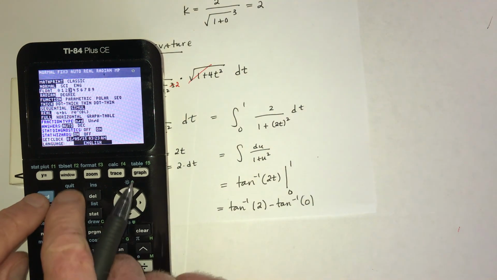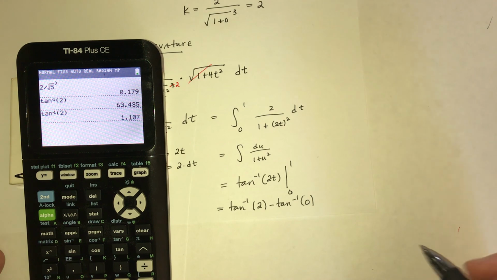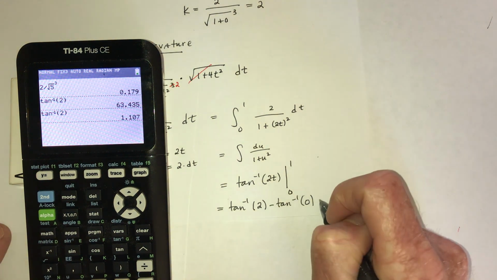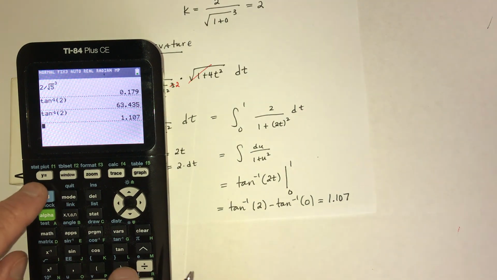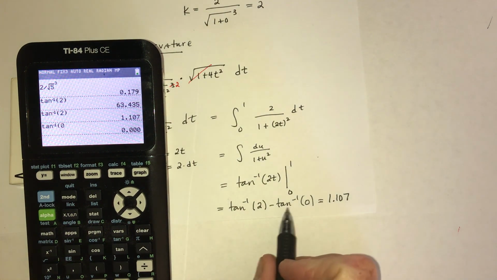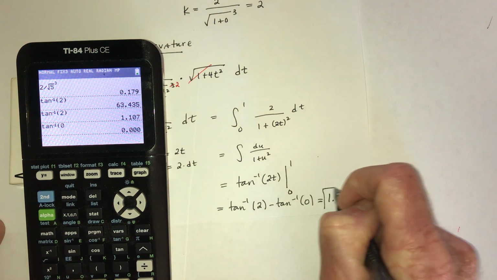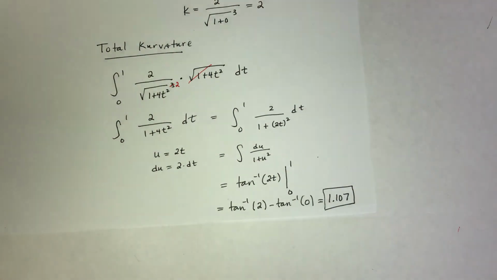In radians? Tangent inverse of 2, so it's 1.107, because tangent inverse of 0 is 0, so that part doesn't count. So there's the total curvature, 1.107.